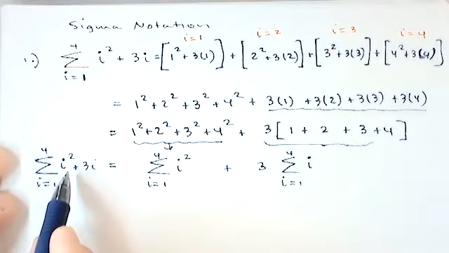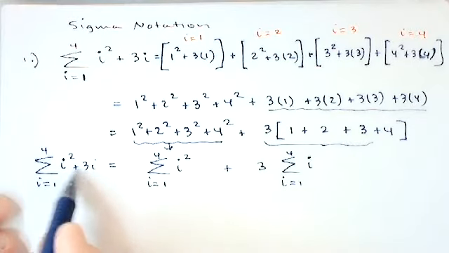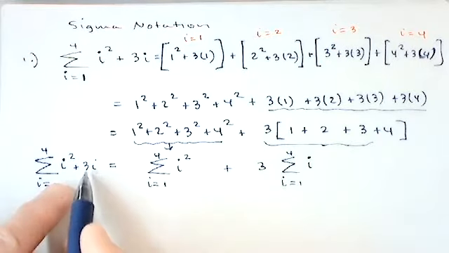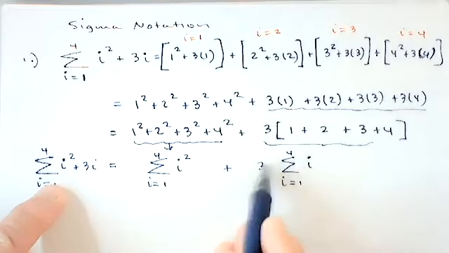So what does that tell us? One of the properties of summations is if you have 2 things added, you can split them up. And what it also tells us, if you have a constant times I, let's say, you can actually factor that constant out of the summation.